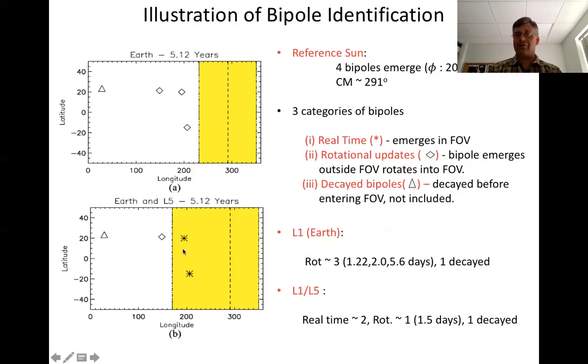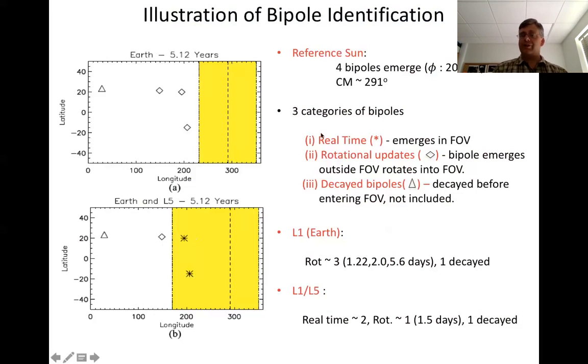In contrast to that, due to the extended field of view having an L5 magnetograph, 2 of the dipoles which emerge in the reference Sun model would be able to be included in the L1 plus L5 simulation at the correct time with the correct properties. So in the limited data simulation of L1 plus L5, we would have these dipoles emerging with exactly the same properties at exactly the same time as in the reference Sun model.